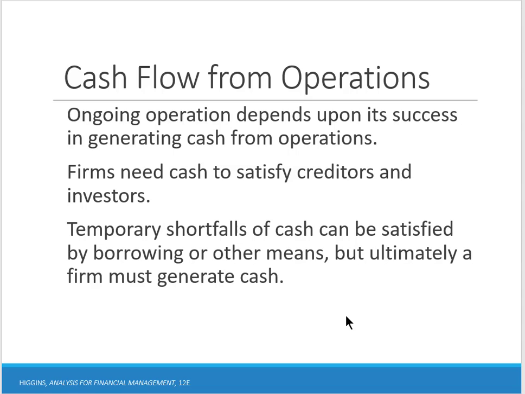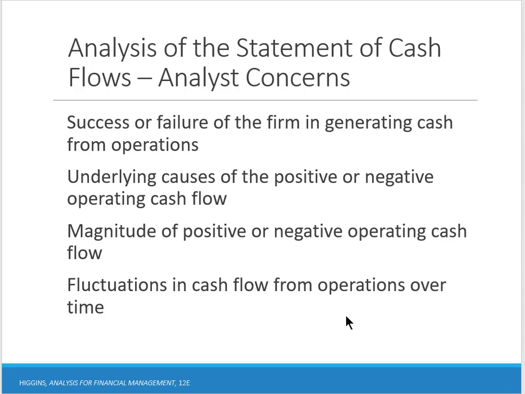So this is a number that's very, very important. Now, if from time to time we have some shortfalls of cash here, we can borrow a little bit, but in the end, we have to be able to show that we can generate cash from running our business.